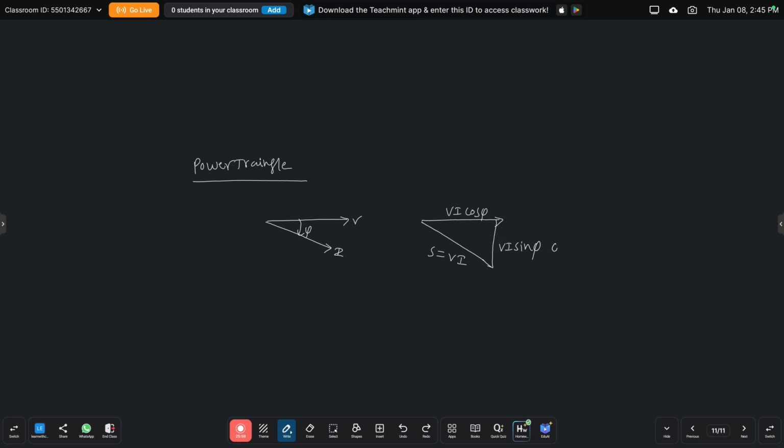So now you can write this as Q and this as P. Right? Now this is a power triangle. So S you can write as under root P square plus Q square, which is equals to V into I. So similarly this is for inductive load.